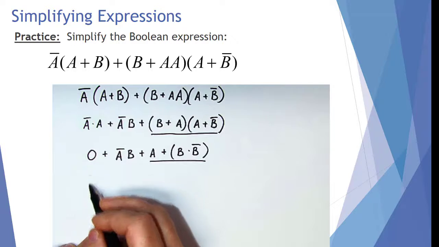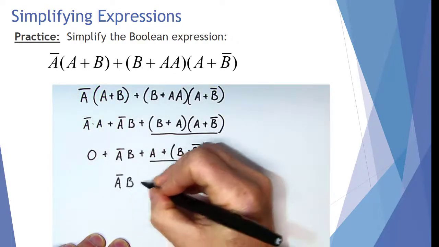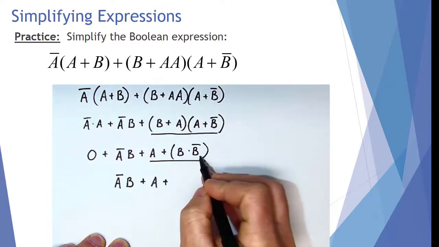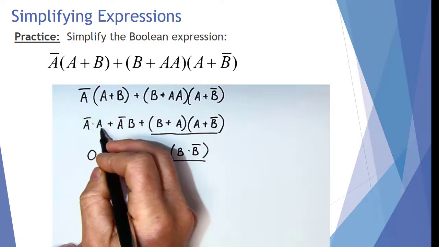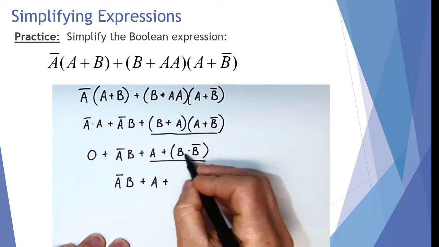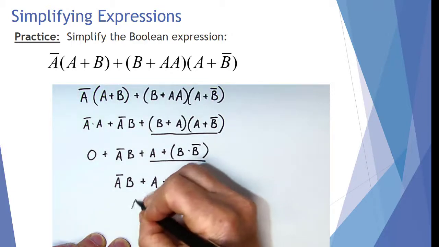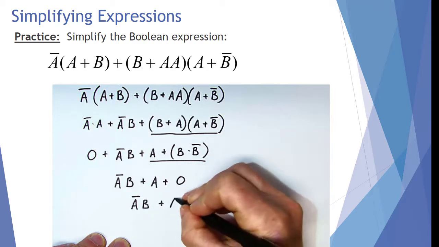Okay, well, the 0 doesn't need to go any further, so we have the negation of A times B, or A, or B and its negation. That's the same thing we saw up here. The negation of A times A is 0, and the negation of B times B is also 0. So that means that this simplifies to the negation of A times B or A.